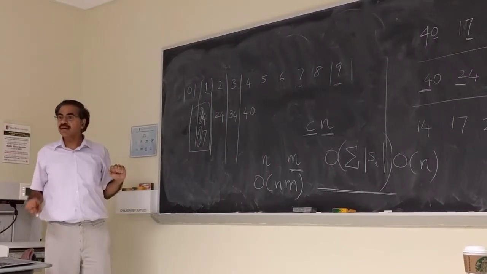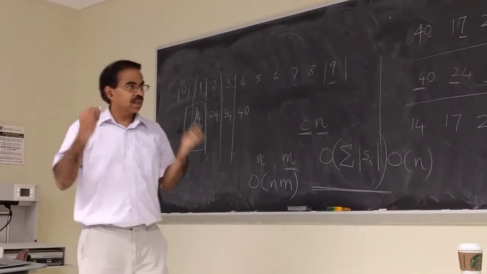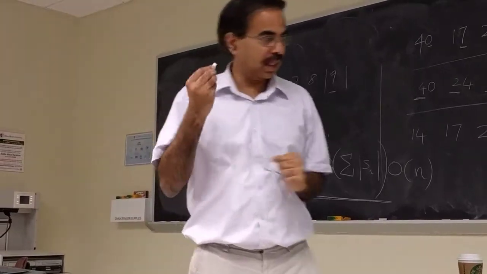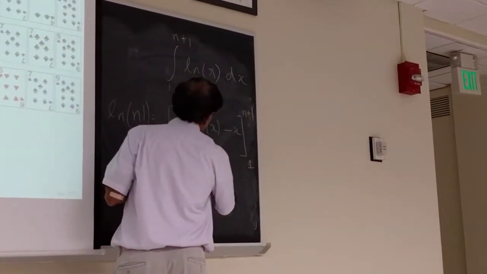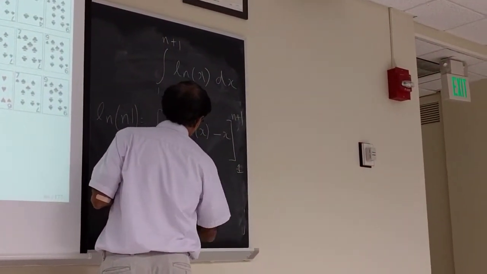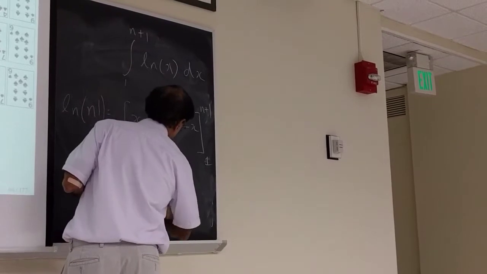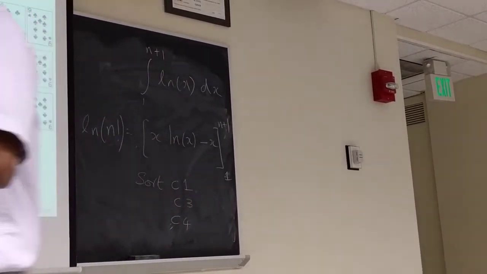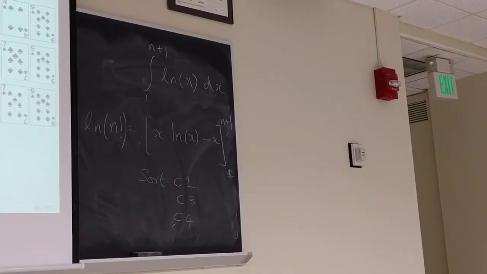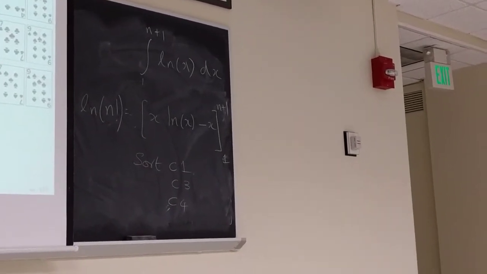So in the end, you can get what you want, right? So now tell me, suppose I sort on column 1 and then column 3 and column 4, okay? Now, of these, which is the most significant column?